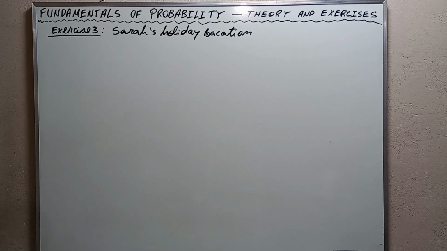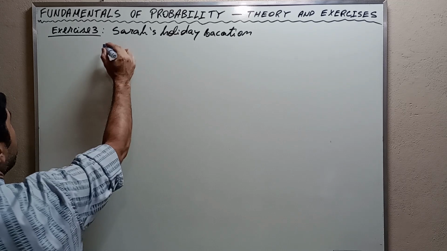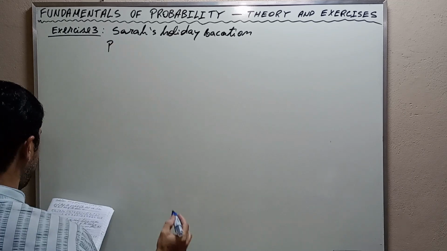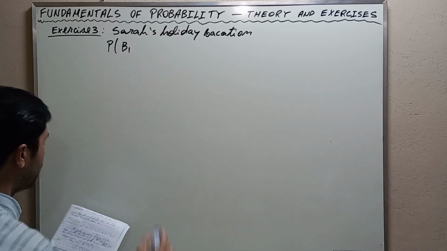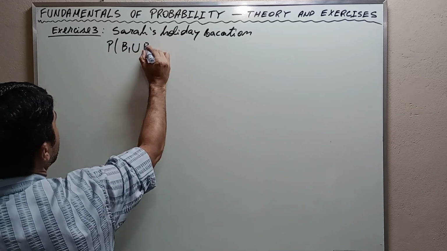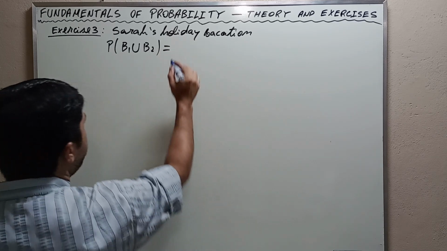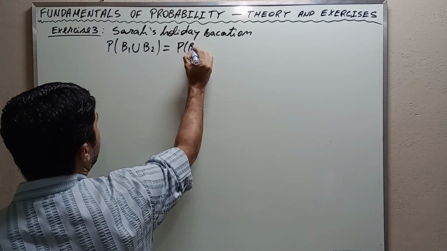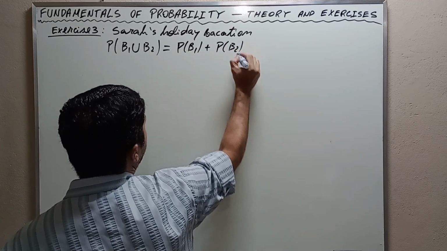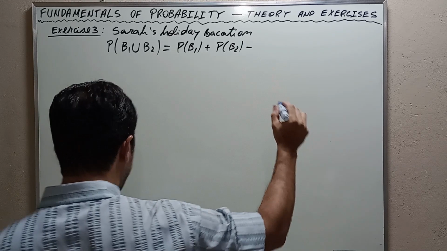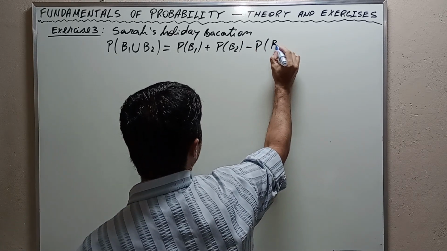The probability of her liking at least one of the books is the probability of the union between liking book 1 and book 2, which is equal to the probability of her liking book 1 plus the probability of her liking book 2 minus the probability of her liking both books.